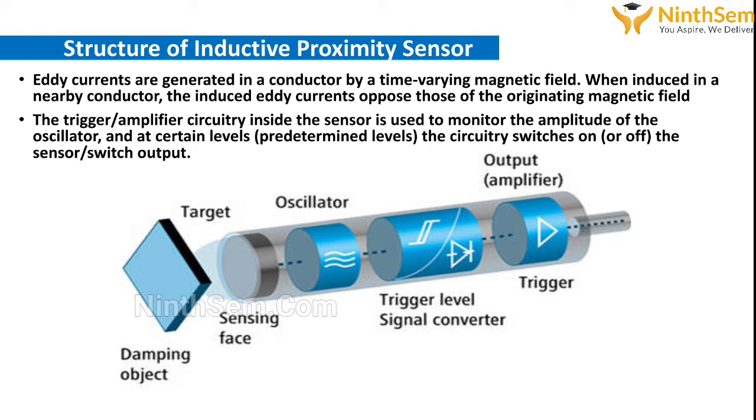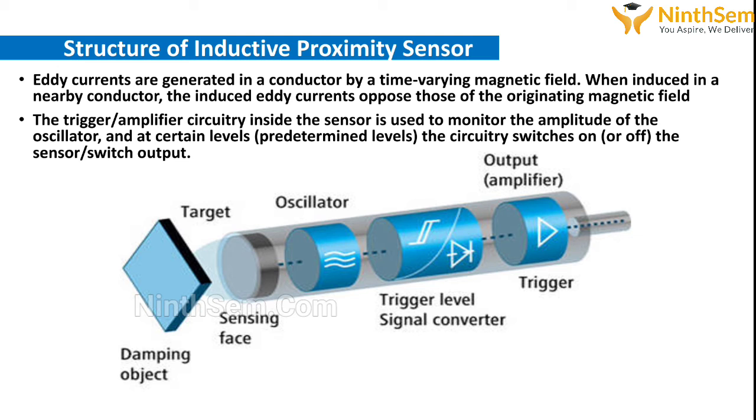Hence, we use inside the proximity sensor a trigger or amplifier circuitry. This is basically for signal conditioning purposes. It is used to monitor the amplitude of the oscillator, and at a certain level the circuitry switches on or off according to the displacement of the metallic object.